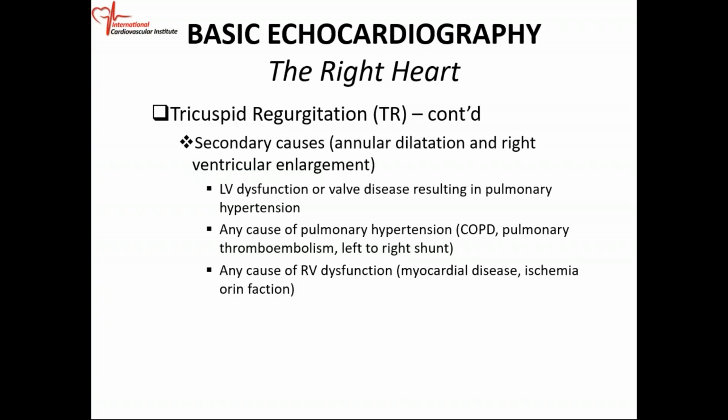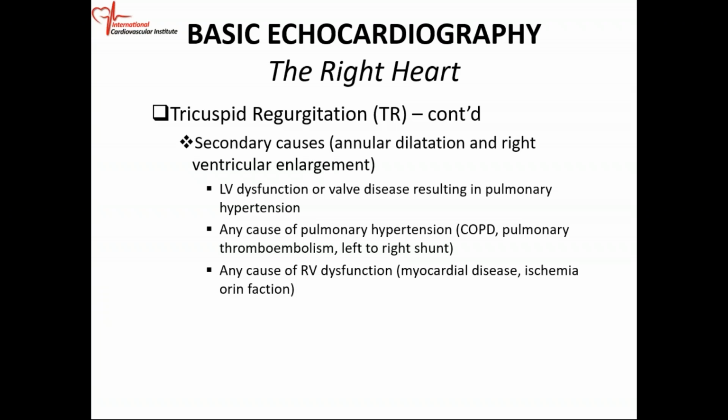So left heart disease is a very common cause of tricuspid regurgitation. Any cause of pulmonary hypertension, for the same reason, will increase the pressure in the RV and across the tricuspid valve, causing the tricuspid valve to leak.